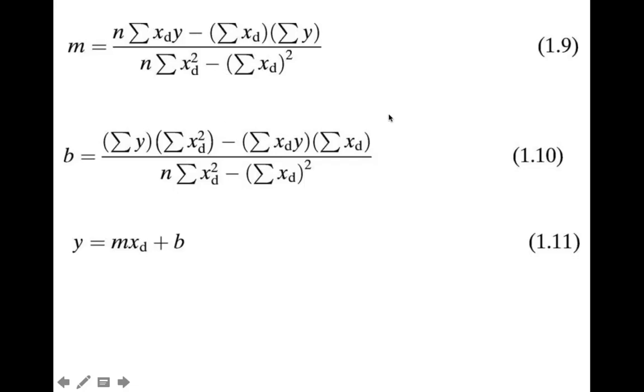These two formulas are derived by basically having the formula of a line, taking the difference between an arbitrary line and each data point, and varying the slope and the y-intercept in such a way to where you ultimately minimize the error for every point, the square error, between your line and your data points. So it uses some calculus to find the minimal error, but you do end up with these formulas that can be applied.